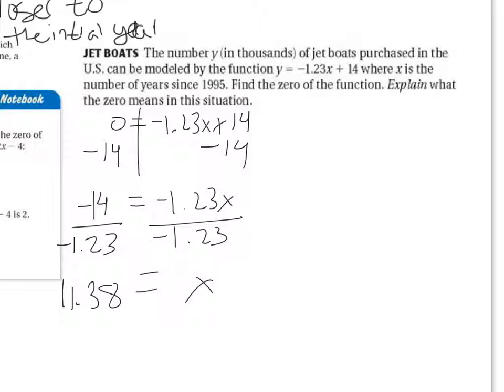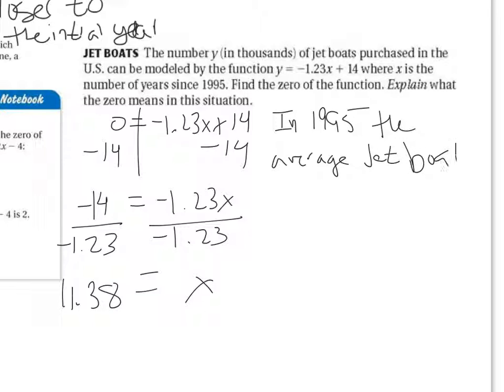Okay, so this means in 1995, what are we talking about? Jet boats. The average jet boat cost $11,382.11.